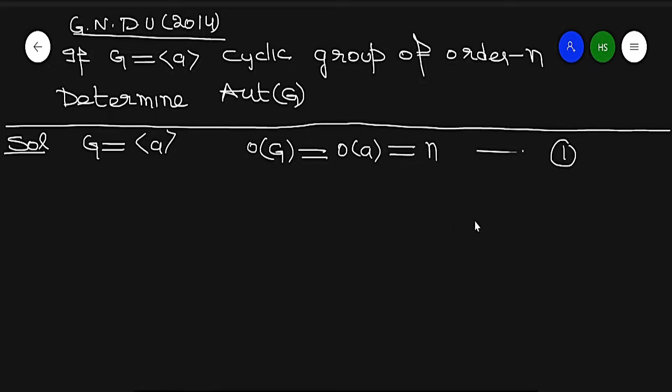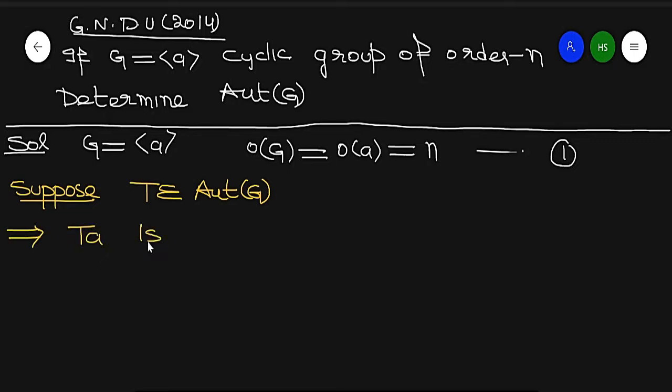Now, as in the previous part, suppose T belongs to the automorphism group of G. We proved in the previous example that T(a) is also a generator of this finite cyclic group G.